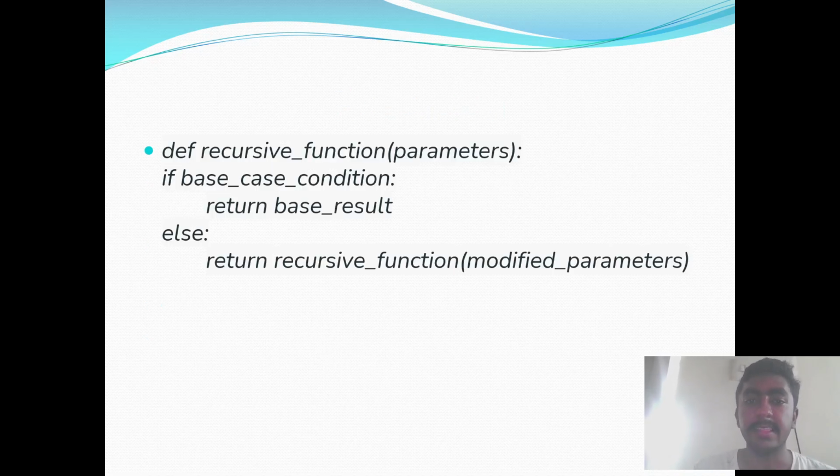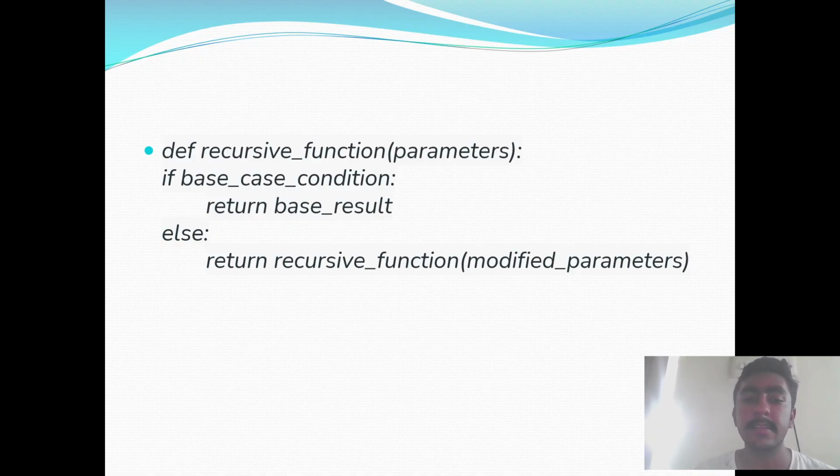So let's see the general structure for recursion. Here I have def, function name, then value, and there will be one base condition or stopping condition, and then return the base value. Then in the else we'll have return the function name with the smaller problem.